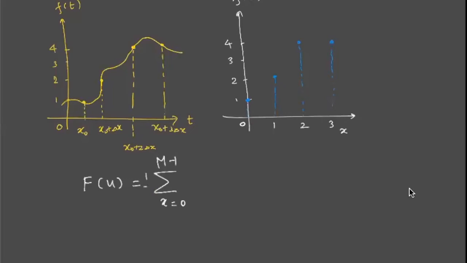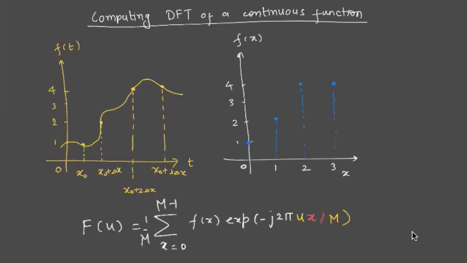Here you also get 1 by m, that is the total number of samples, f of x, and then exponential of minus j 2 pi, here I'm writing in a different color, x by m. Please do it with me, because u and x are varying at the same time, so sometimes it really creates confusion.